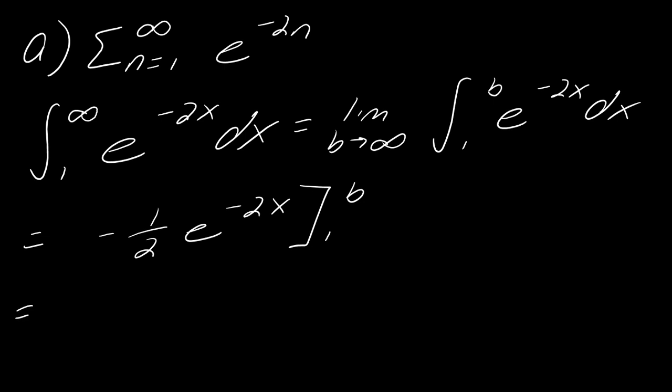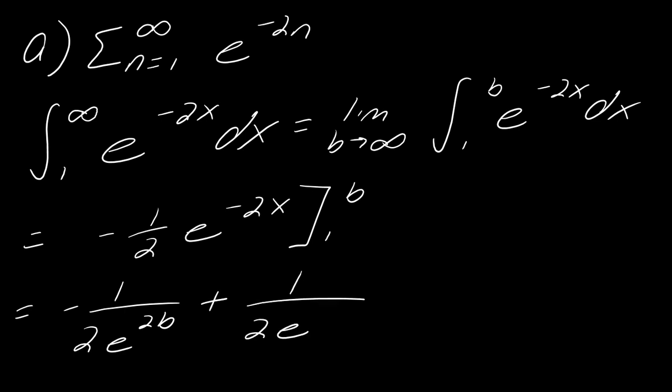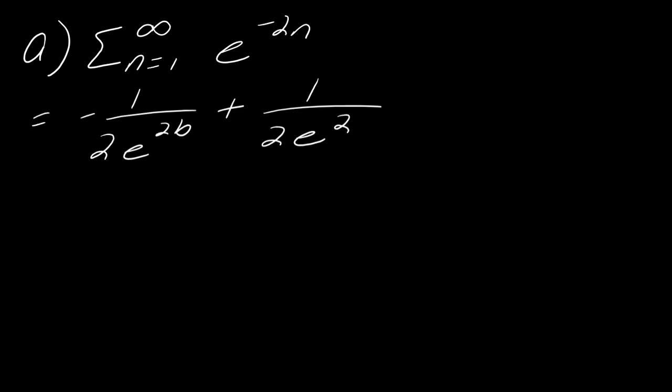If I plug in my limits of integration, let's rewrite this as negative 1 over 2 e to the 2b, in its fractional form, plus 1 over 2 e to the 2. I wanted to set up the definite integral so I could see what's going on here.